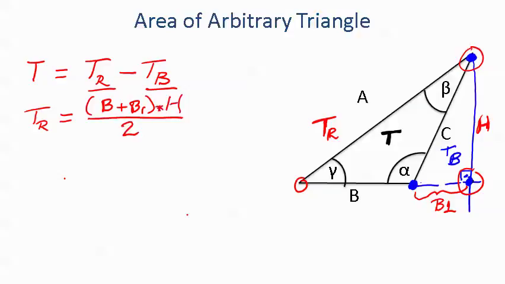So we'll come to that in a second. Also, the area of the second triangle, T blue, is the product of the perpendiculars, in this case B1 times H divided by 2.